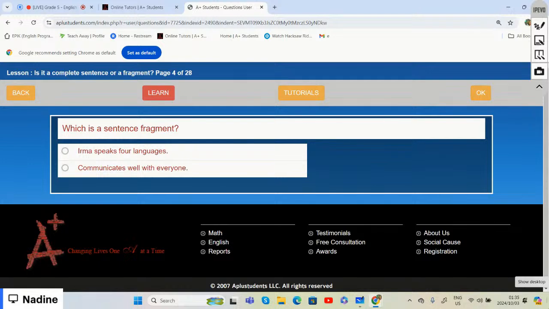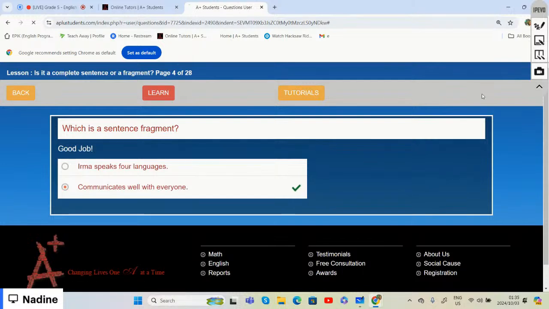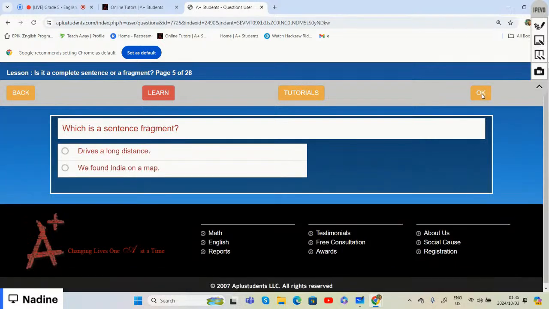All right, and if we were to choose the sentence fragment, then yes, we will say communicates well with everyone. It's either missing a subject or it's missing a verb. That is a sentence fragment.